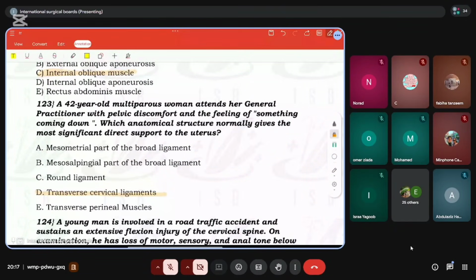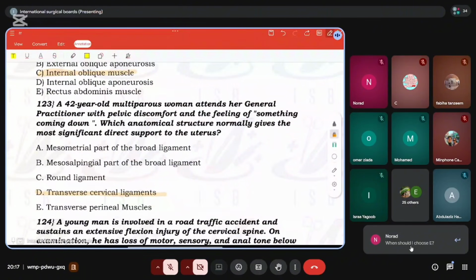Out of these three, the transverse cervical is the most significant, even according to Gray's Anatomy. They tell you explicitly that this is the most significant structure which supports the uterus, and weakening of this structure is known to contribute significantly to uterine prolapse. So I hope there's no confusion with this question.